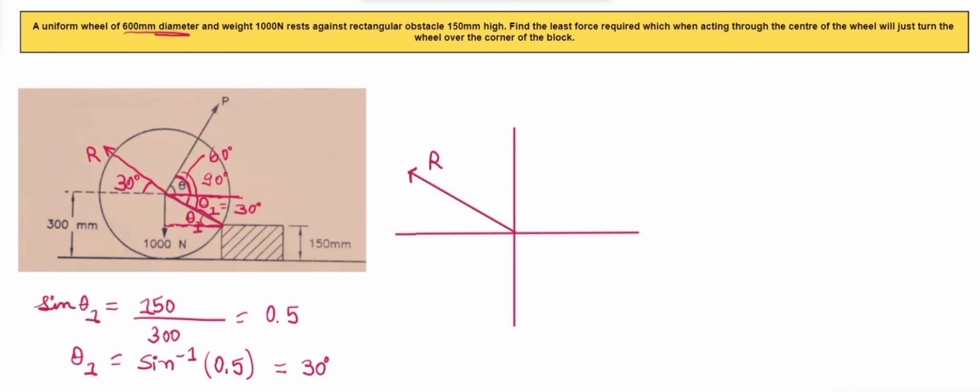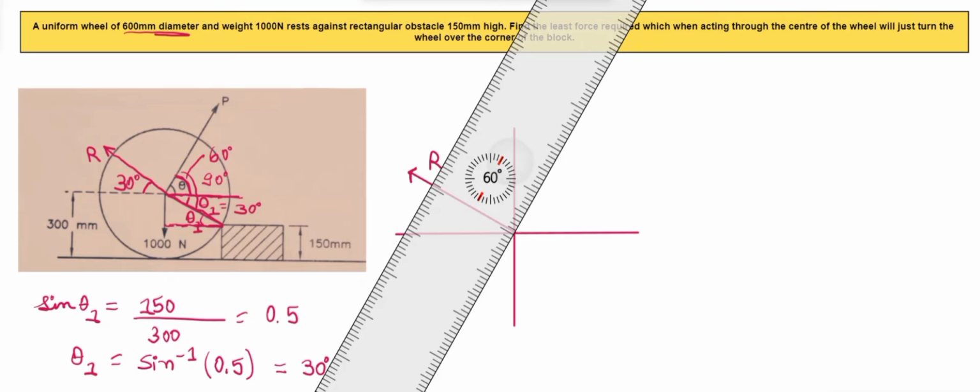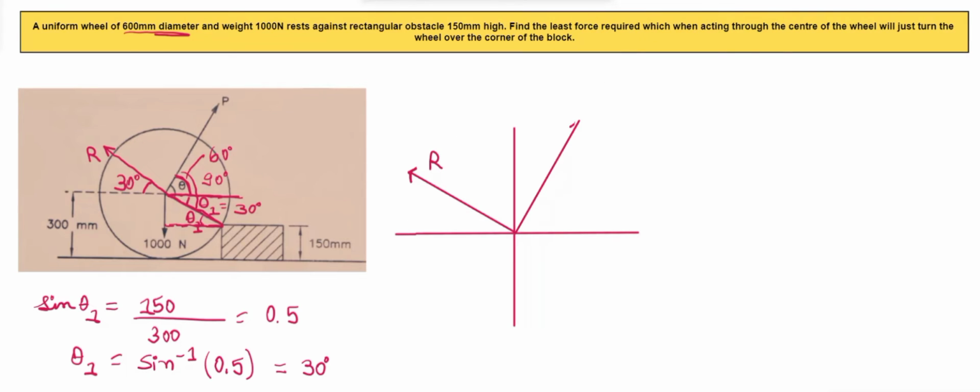So this much angle that will be left, that will be equal to 60 degree, which is 90 minus 30. So we have got that angle which is 60 degree, which means that P will be acting at an angle of 60 degree with the horizontal.